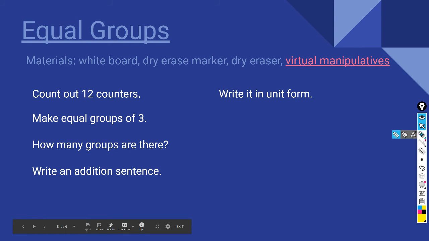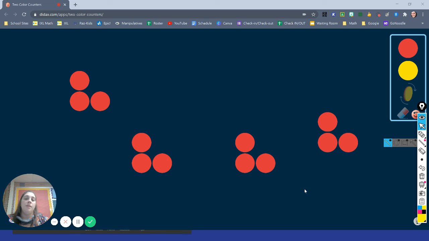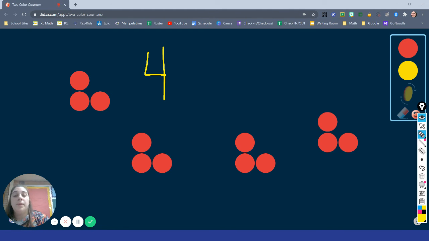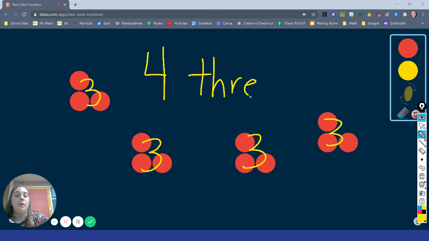Write in unit form. Okay, well, we said we have 1, 2, 3, 4 groups. And each group has 3 counters. So that's like saying this is 3, and this is 3, and this is 3, and this is 3. So we have 4 threes.